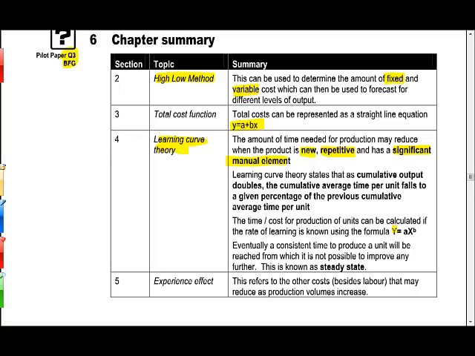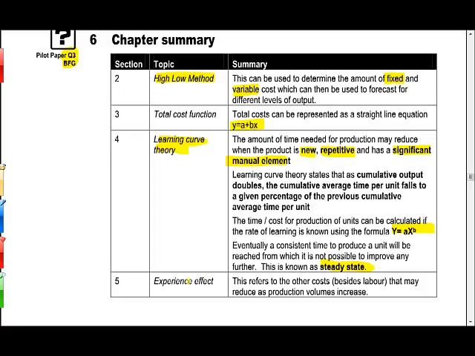And we can calculate this easiest using the given formula y equals ax to the power b. Whilst we get better and better, we'll reach a point where you can't get any better, perhaps because the workforce have got a go-slow agreement or their physical limitations have been reached, and that's what we call the steady state.